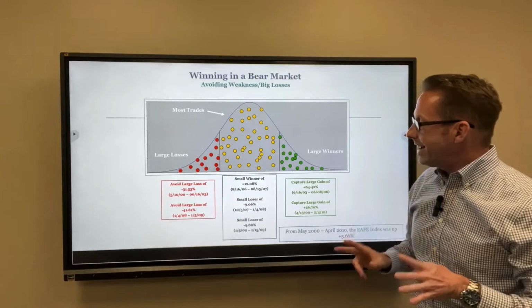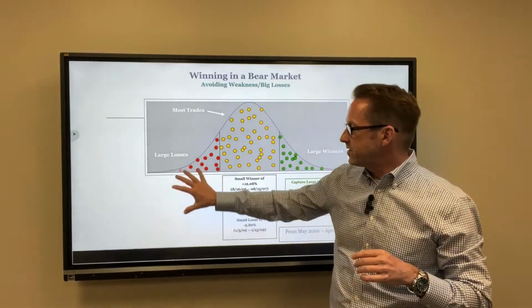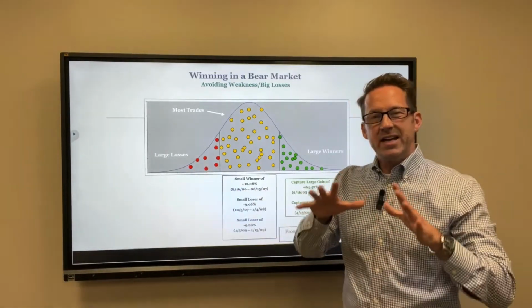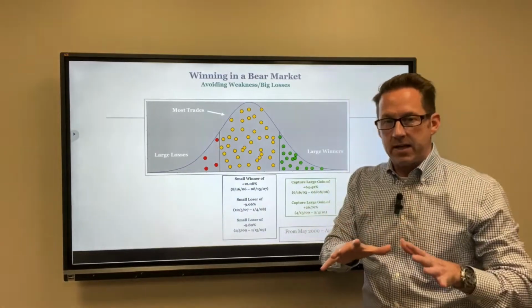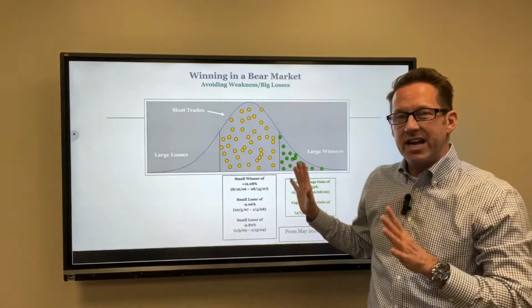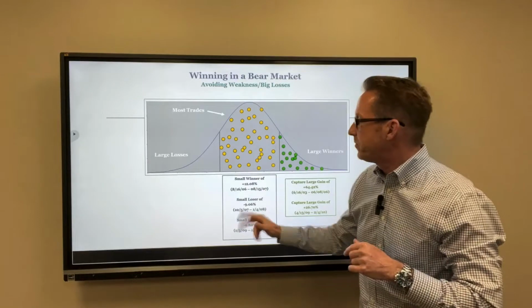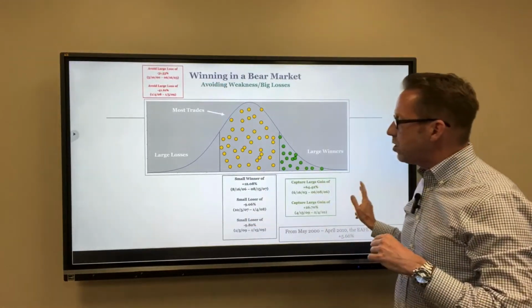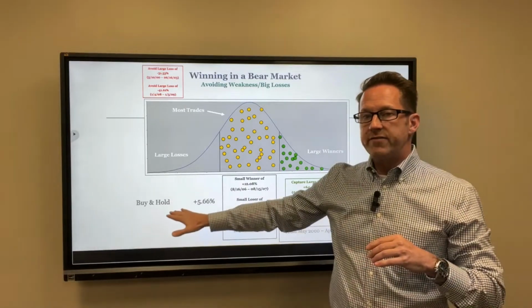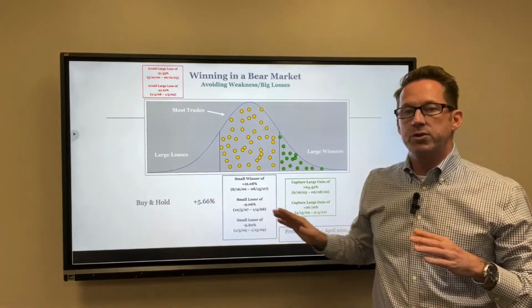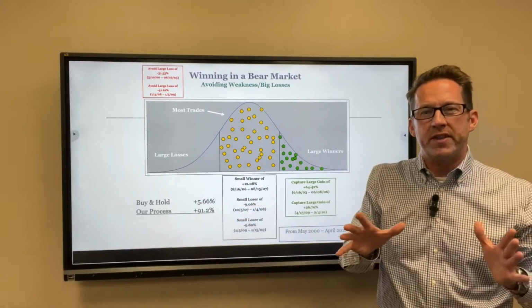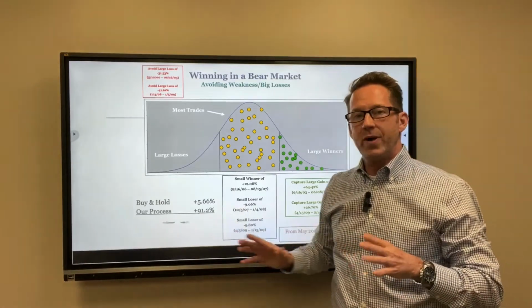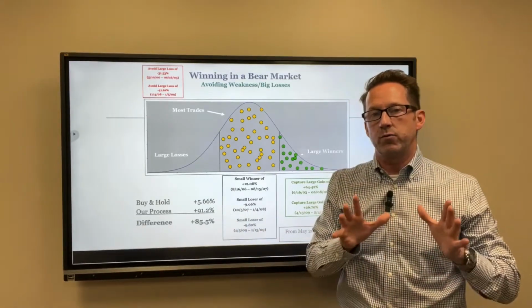So what if I could get rid of some of these large losses, mitigate them as much as I possibly can, and just get them out of my portfolio? What ends up happening is the 5.6% return you had if you bought and held during that period changes to a 91% return.